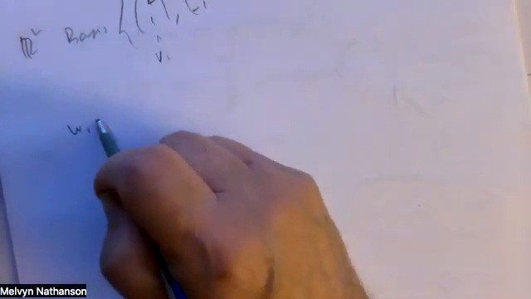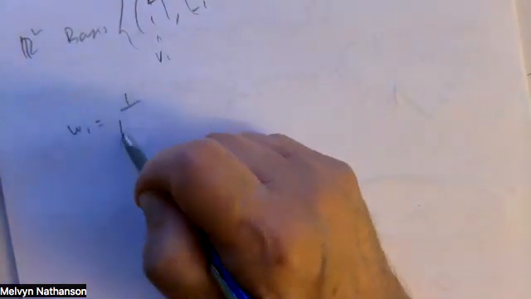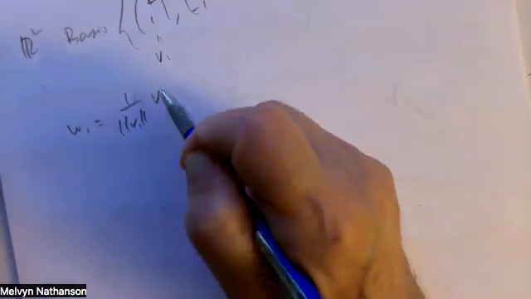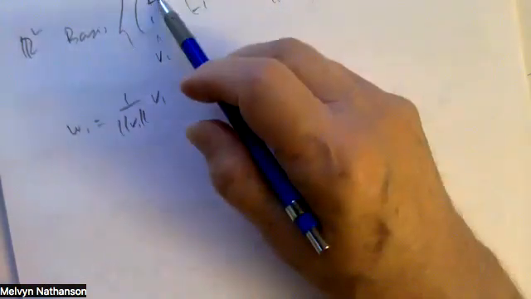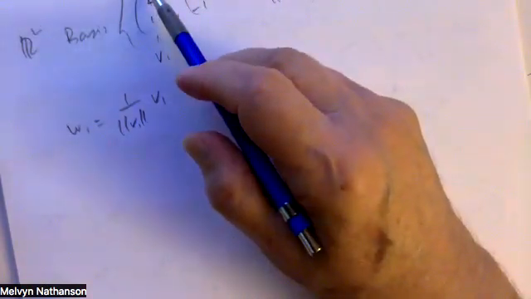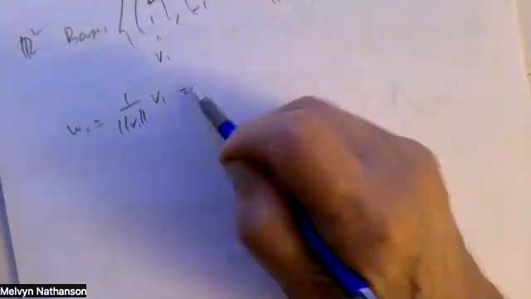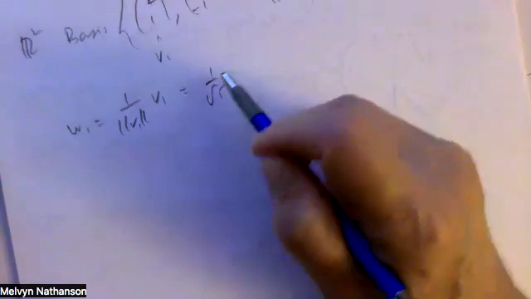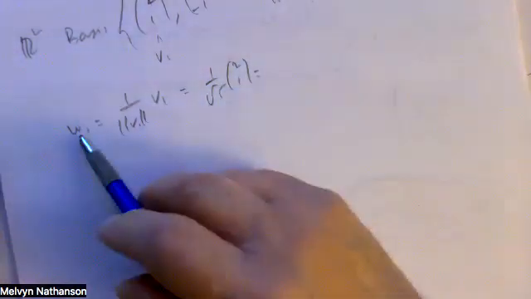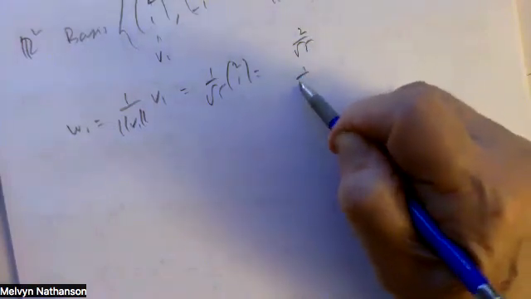So I let w1 be 1 over the length of v1 times v1. For the vector v1, the length of v1, the inner product of this with itself is 4 plus 1, is 5, so the length is the square root of 5. So this is 1 over the square root of 5 times (2, 1). So the vector w1 is (2 over root 5, 1 over root 5).